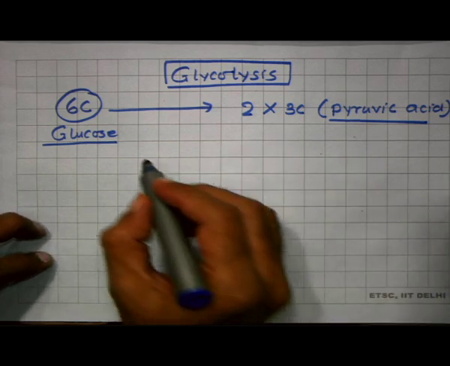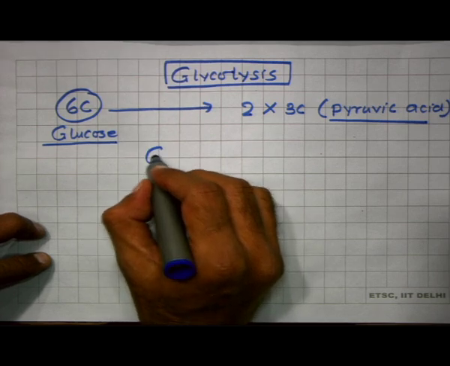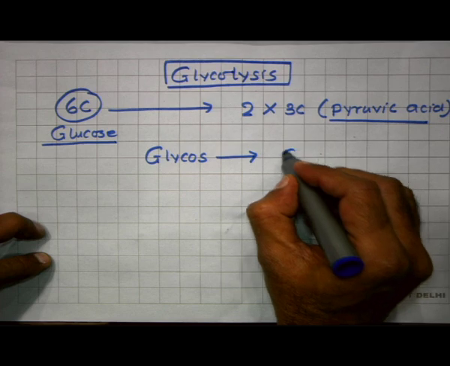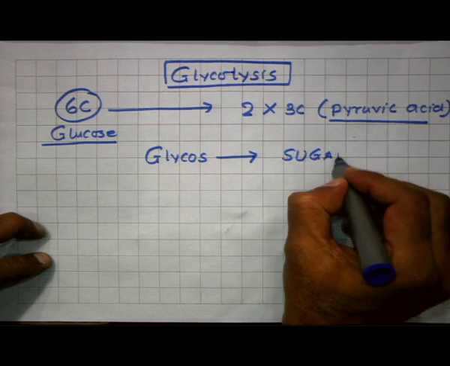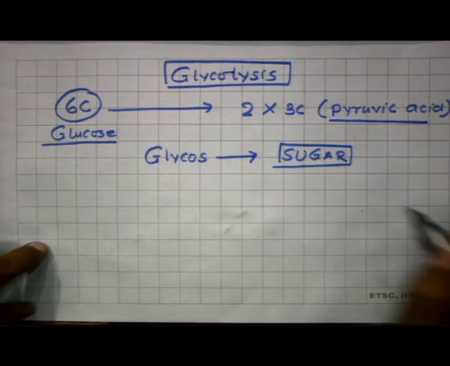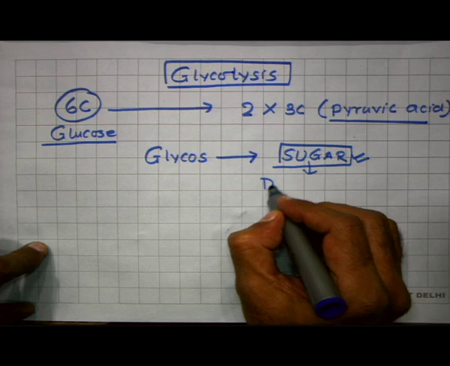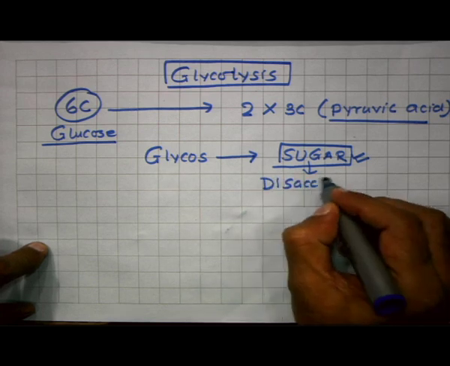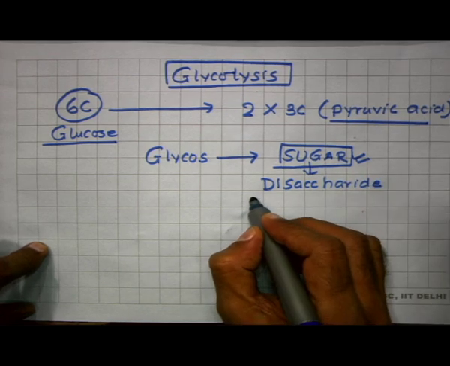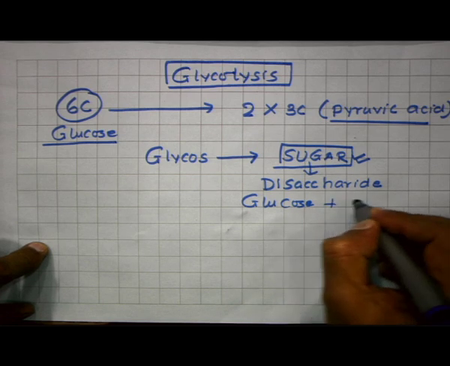The term glycolysis is originated from the Greek word glykos, which means sugar. We know from my last class that the product of photosynthesis is sugar, which is a disaccharide formed by glucose and fructose.